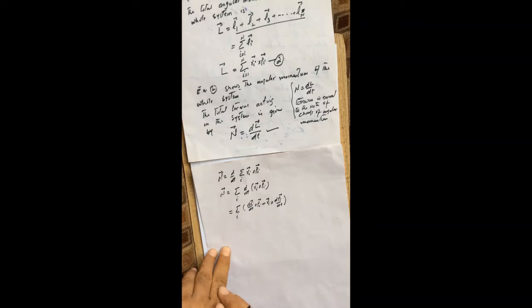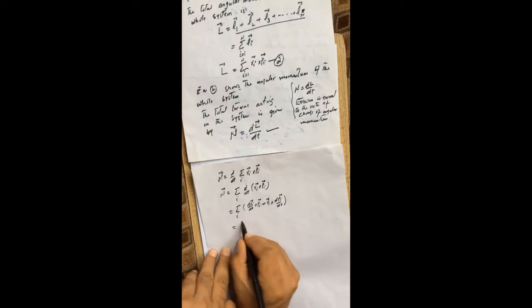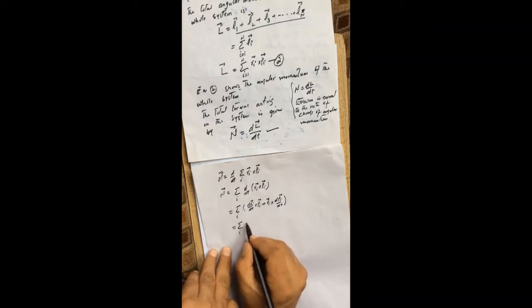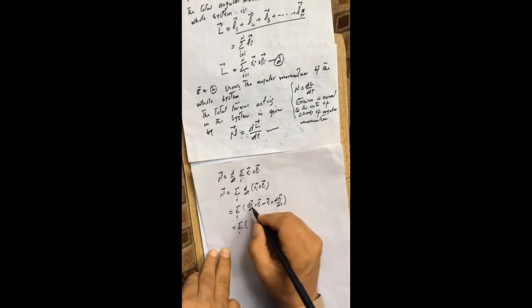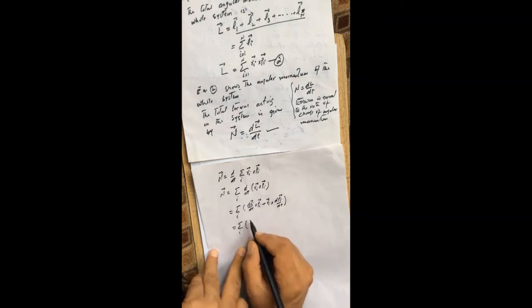Now next, here I have this summation over i, and we know that dri over dt, where r is the displacement, so the rate of change of displacement is velocity.